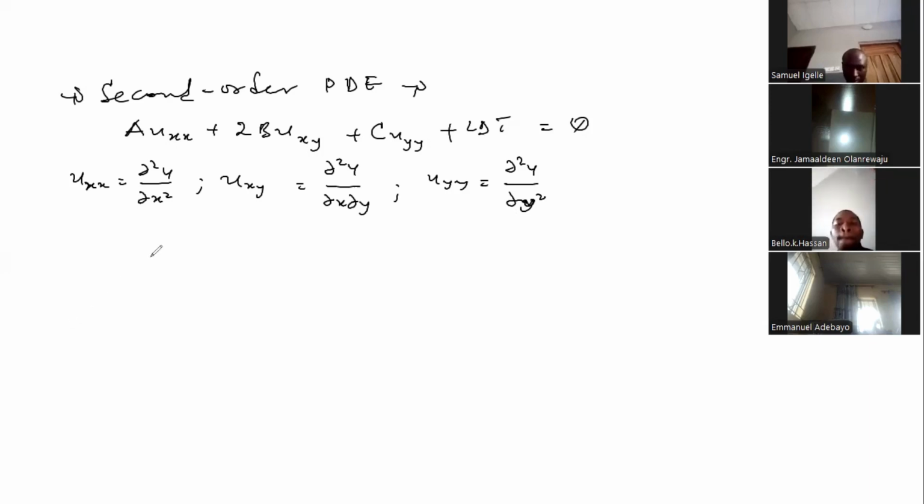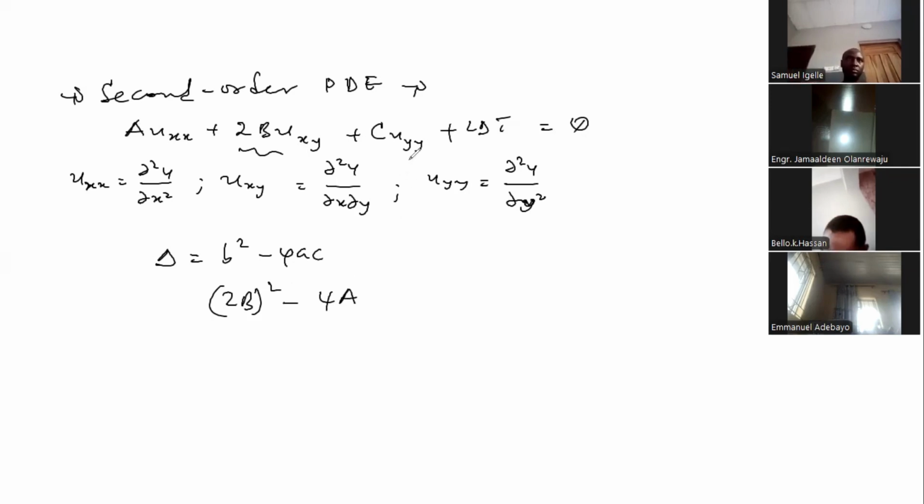Now, we already know for the quadratic equation, the discriminant is the same as b squared minus 4ac, right? So what is b in this case? B is 2b, right? So let's say (2b) squared minus 4, what is a?